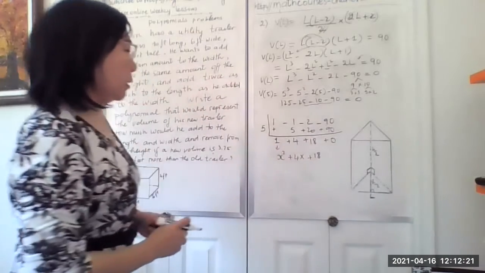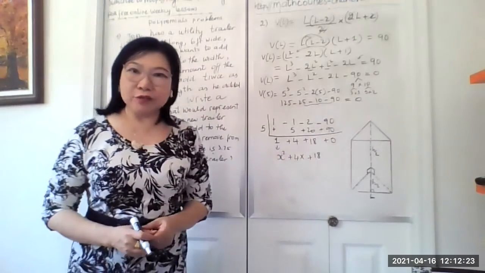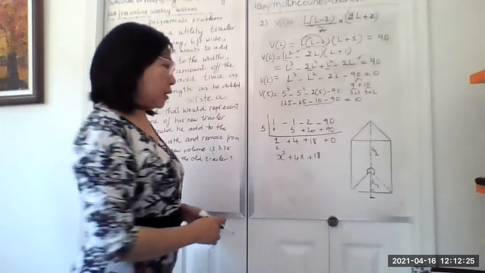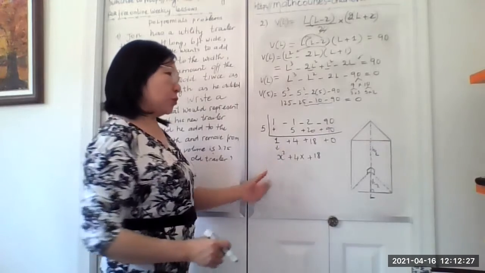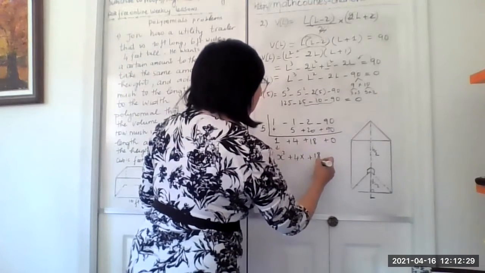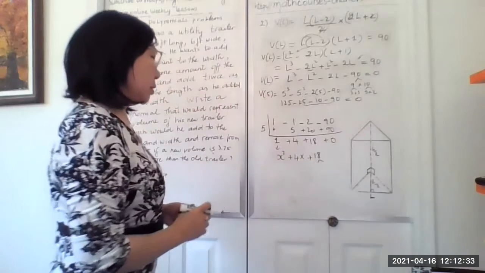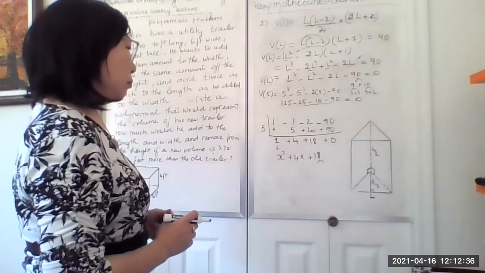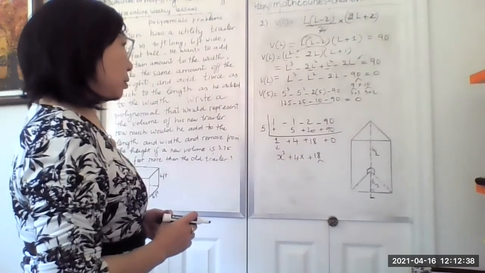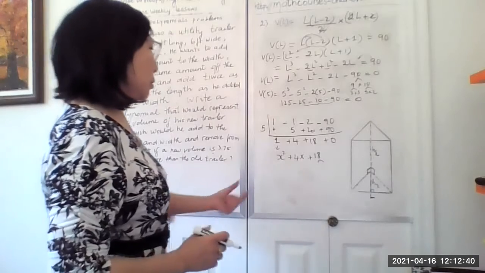Now at this point, I can use the quadratic formula to factor it, right? We reduced it down to degree 2. So now for this quadratic, this can be changed as 6 times 3. That doesn't work.